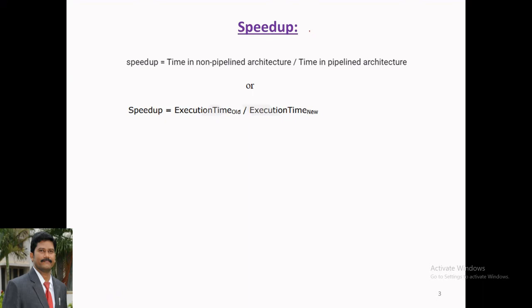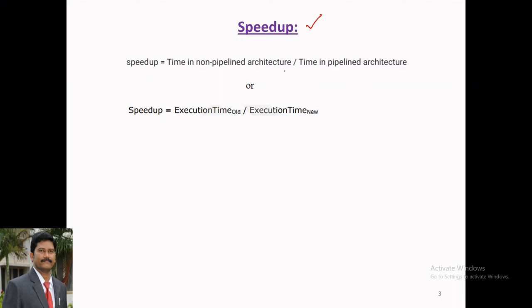Now, as the first topic, speed up. What is actually speed up? Speed up equals the time in non-pipeline architecture divided by the time in pipeline architecture. That means if you take one instruction, how much time it takes to execute that instruction in non-pipeline architecture, divided by the time to execute one instruction in pipeline architecture.